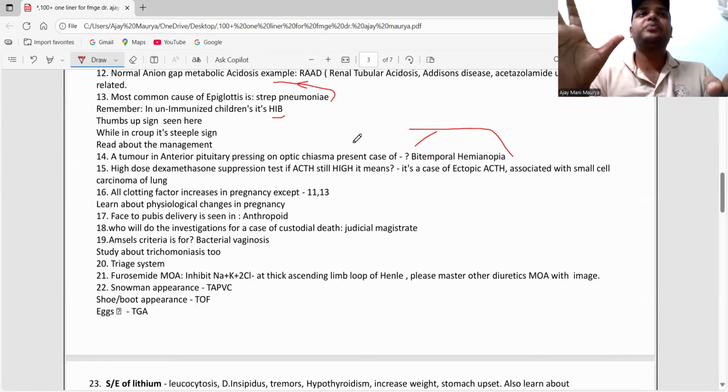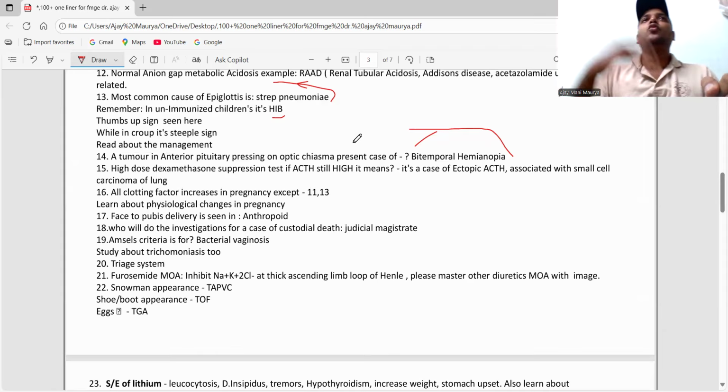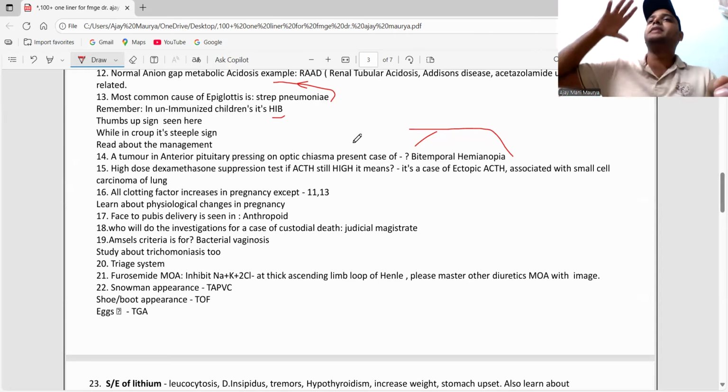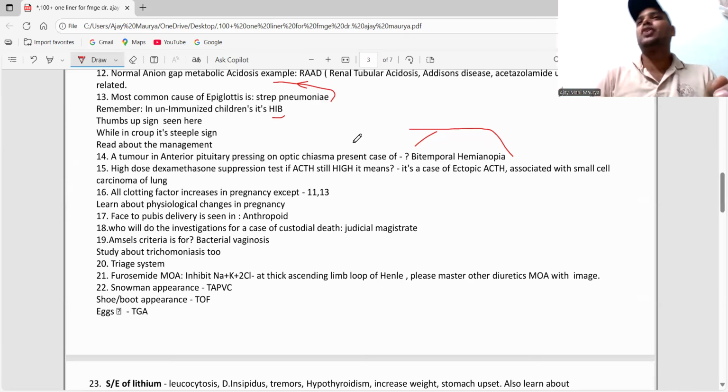The low and high dose dexamethasone suppression tests are done in the case of Cushing syndrome, guys, to know the cause: either an adrenal cause, a pituitary tumor, or lung cancer. So we did the high dose dexamethasone suppression test, and again ACTH is still high, meaning it is ectopic, associated with small cell carcinoma. That's why there is Cushing syndrome. Please try to watch my videos there.